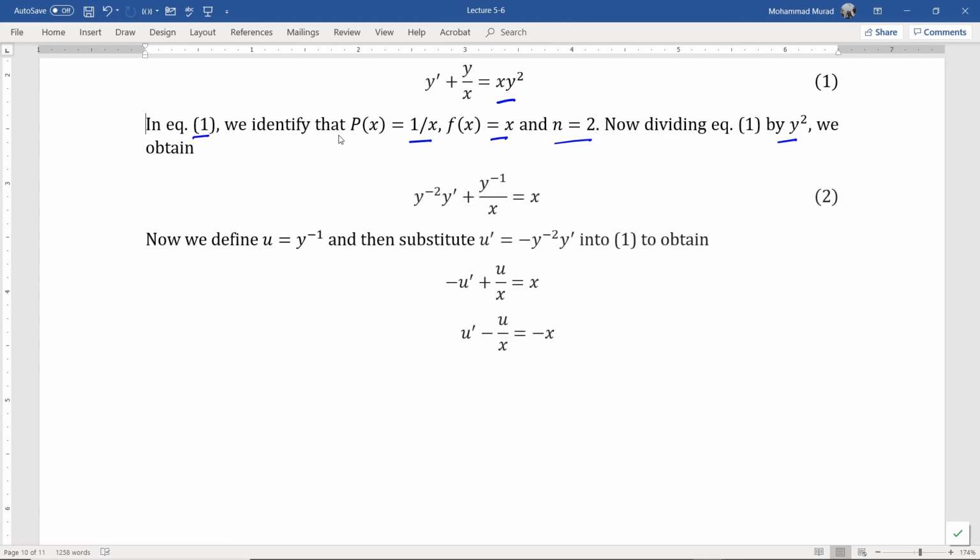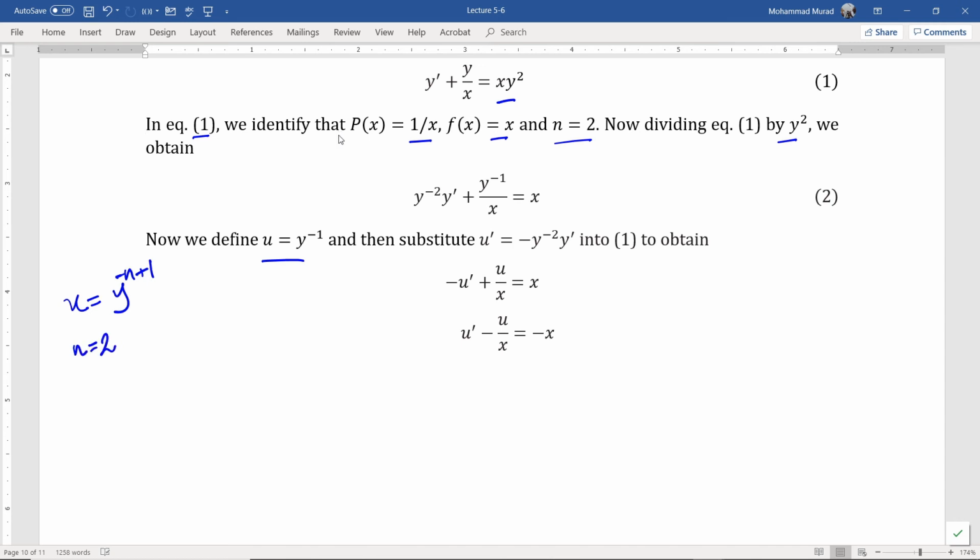Now we define the new variable u as y to the negative 1. Recall, u equals y to the negative n plus 1. In our case, n equals 2.